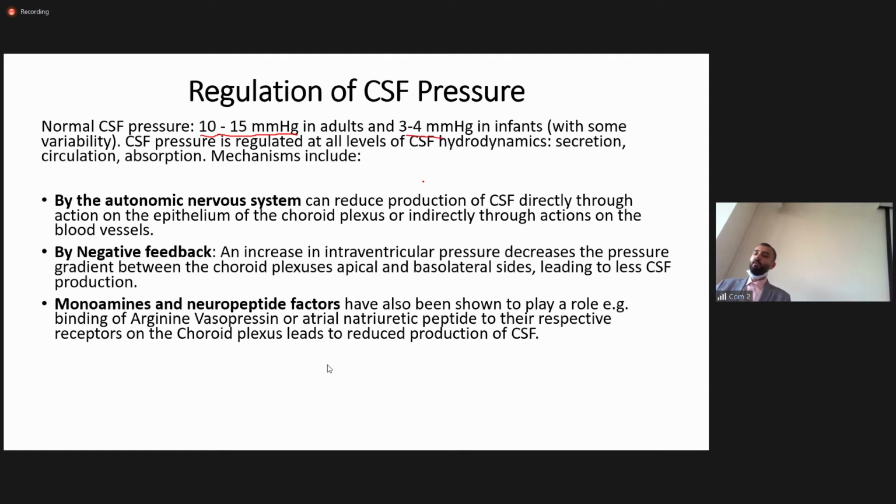CSF pressure is regulated at multiple levels: the level of secretion, circulation, and absorption.